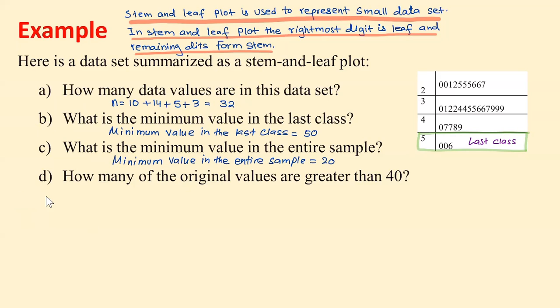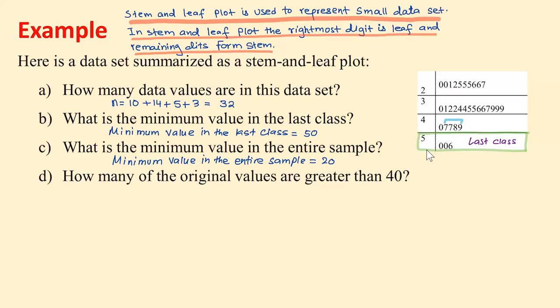Now we have the last part, part D. How many of the original values are greater than 40? First, we need to locate 40. 40 is here in the third line, 40, 40. And all values after that are greater than 40. If we leave that 40, then here we have 4 of them, 1, 2, 3, 4, greater than 40.